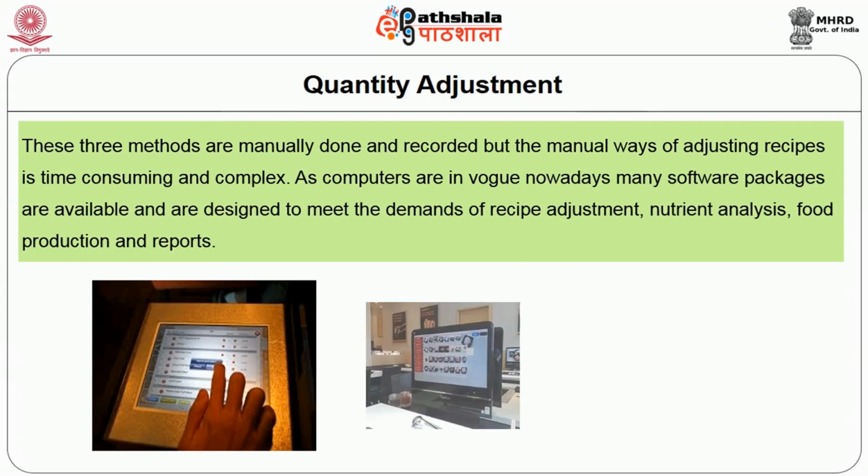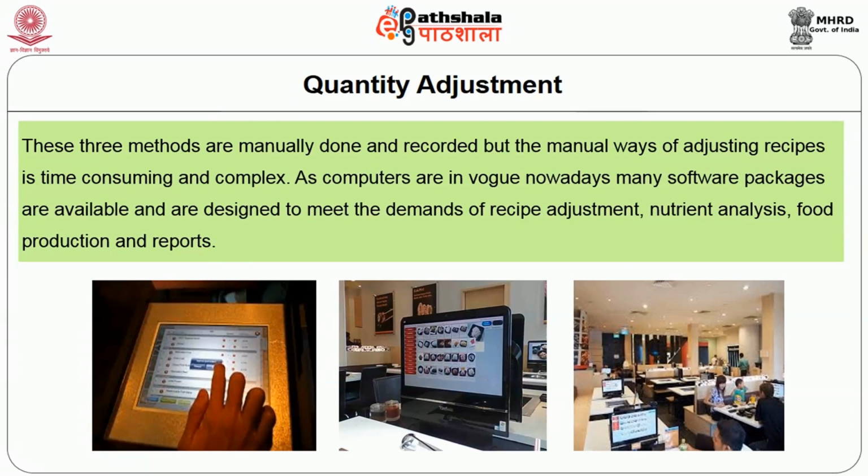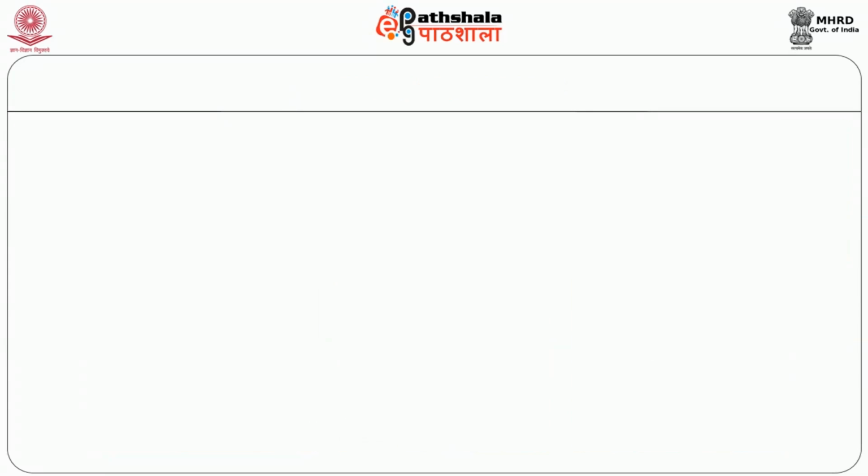These 3 methods are manually done and recorded, but the manual ways of adjusting recipes are time consuming and complex. As computers are in vogue nowadays, many software packages are available and are designed to meet the demands of recipe adjustment, nutrient analysis, food production and reports.